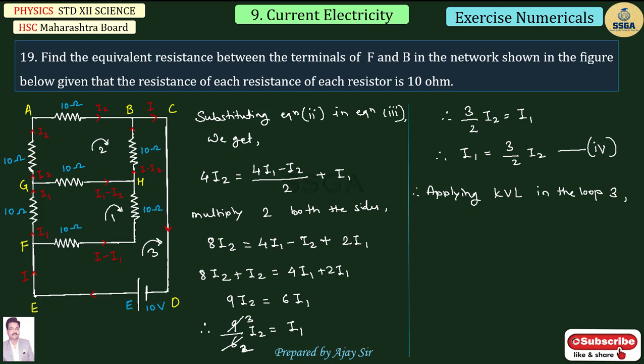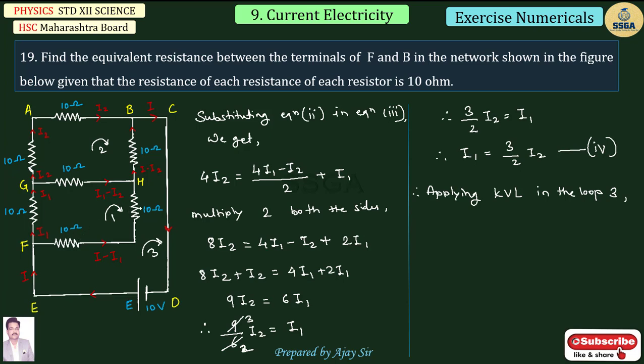Let us consider this point E. We are starting from this point. The direction of tracing is this direction, and the direction of current is again the same. Here, the current I minus I1 and the direction of tracing are the same. So the same current will come to this point.